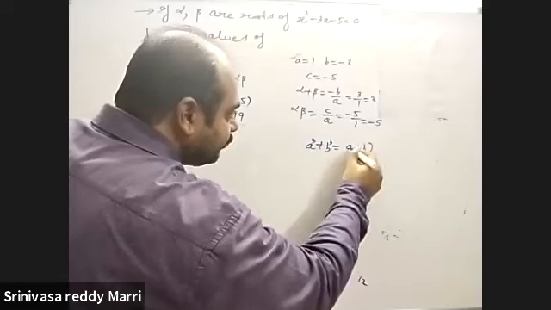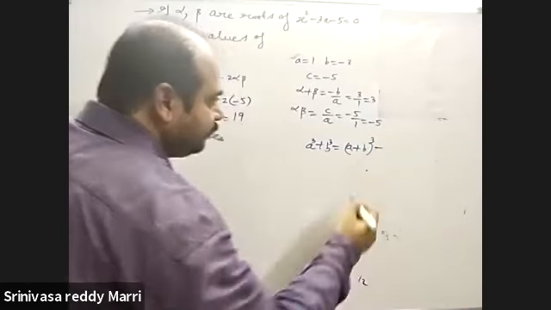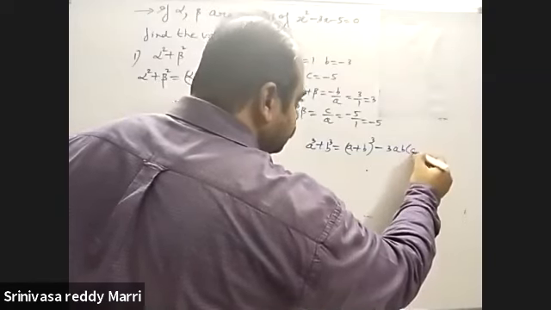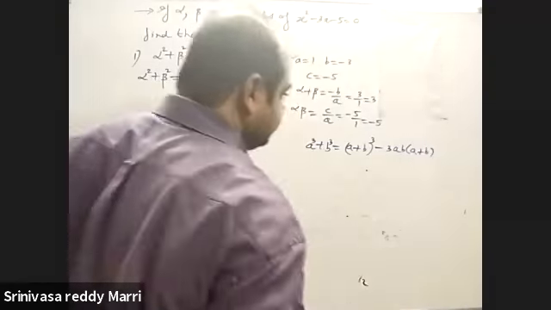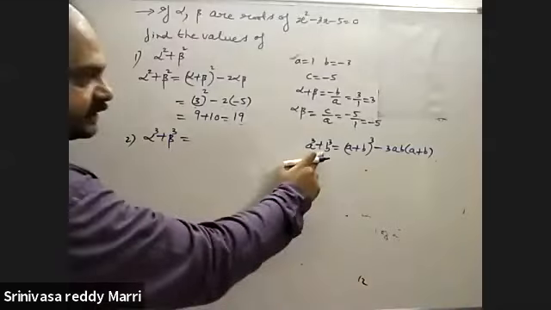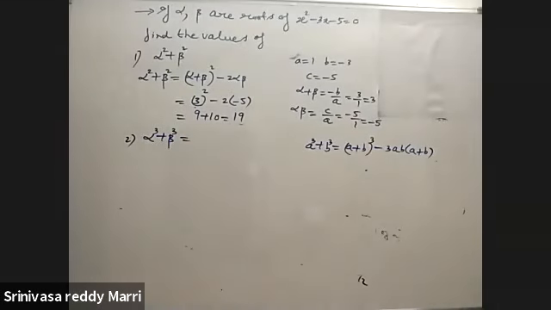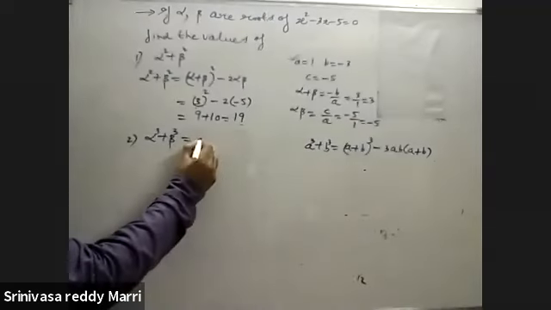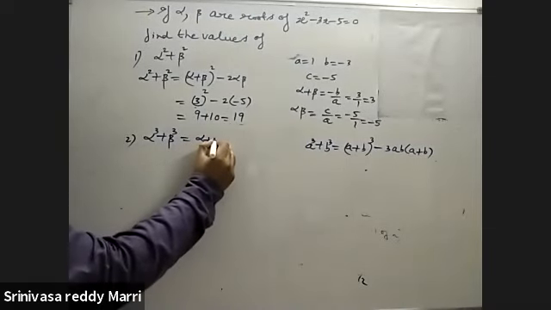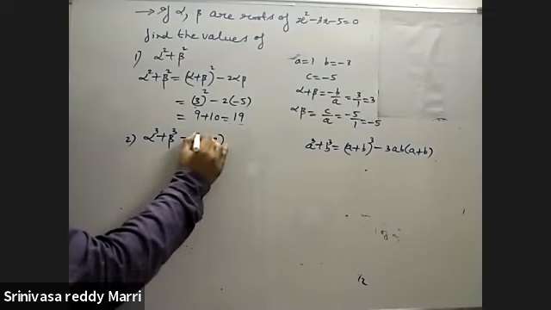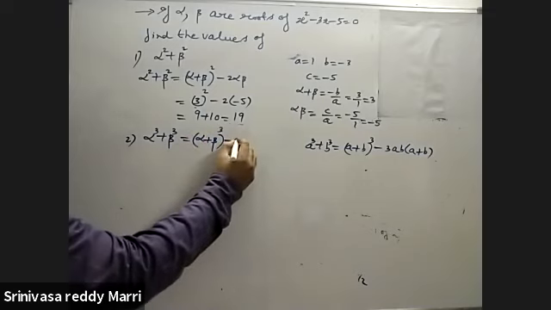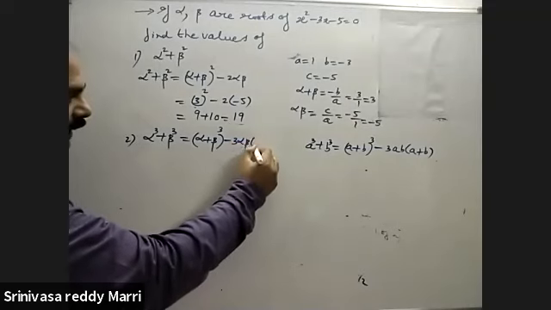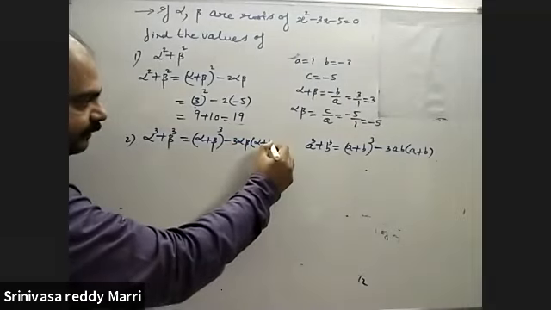You write a plus b whole cube minus 3ab into a plus b, because this and this you know. Alpha plus beta whole cube minus 3 alpha beta into alpha plus beta.